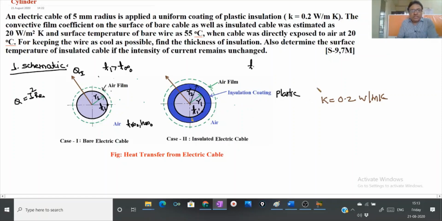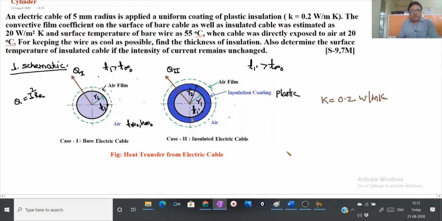This T1 dash once again will be more than the surrounding temperature. So heat transfer will take place from this cable through this insulation to the surrounding at the rate, let's say, Q2. So this is the required schematic of this problem.